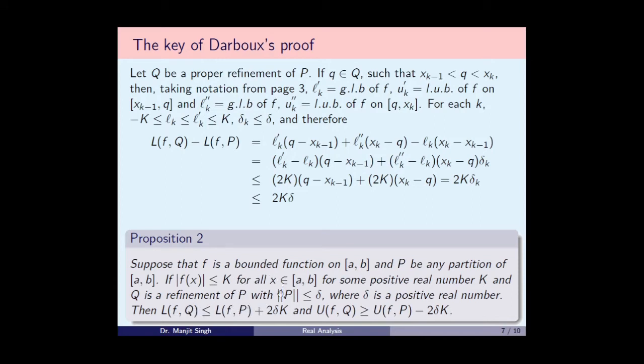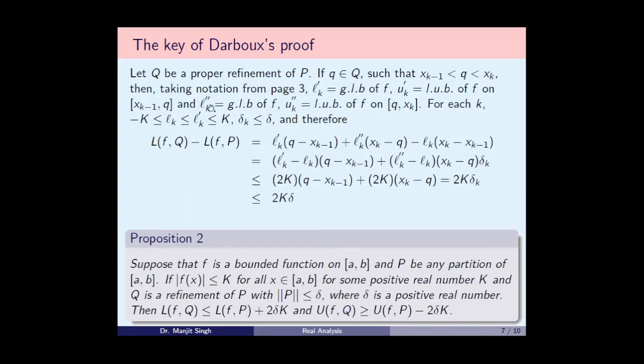What number can be added to the lower sum so that it will exceed the lower sum of the refinement? In a similar way, what number should be subtracted from the upper sum corresponding to partition P so that it will exceed the upper sum of the refinement? So this is very easy to see here. This is by the definition of lower sum and upper sum.